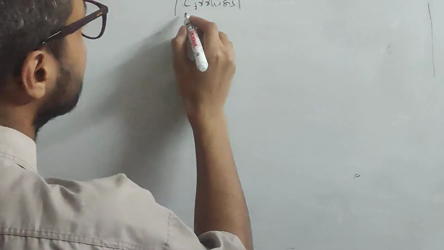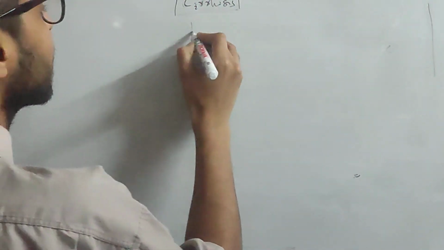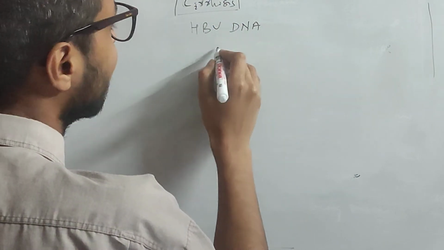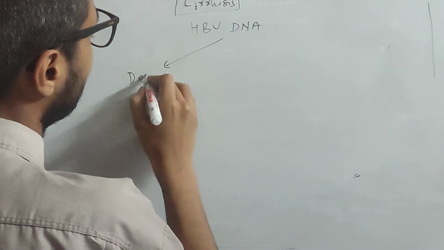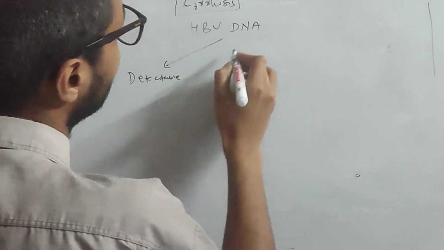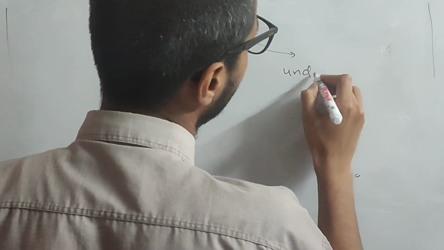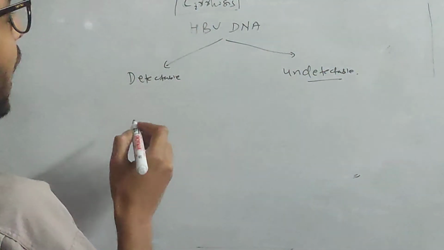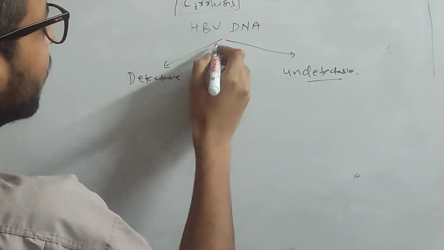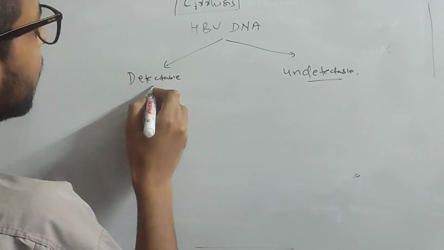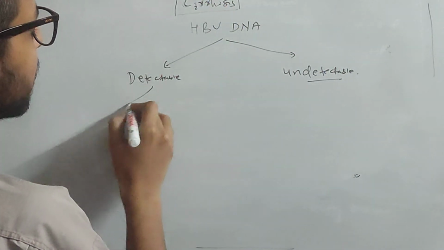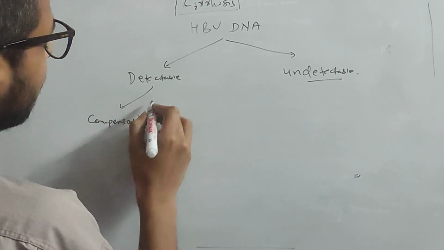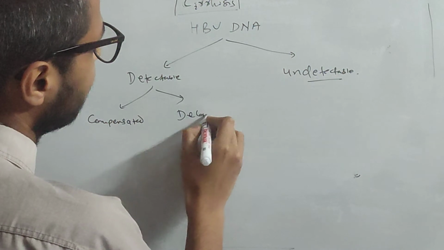Now let's talk about cirrhotic patients. So in a cirrhotic patient, you check for HBV DNA level, whether it is detectable or undetectable. And let's suppose it is detectable, then you have to look whether the cirrhosis is compensated or decompensated.